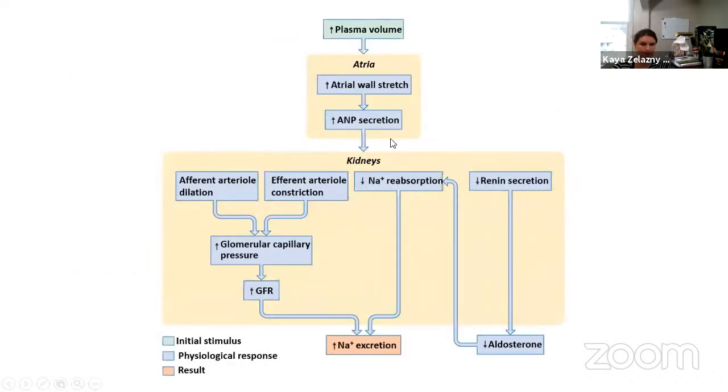So if you're interested, look at all of these, but what we're just going to highlight for our purposes for today is that we have atrial wall stretch releasing ANP, ultimately increasing sodium excretion and decreasing aldosterone. Okay. So this is just the opposite. ANP is the opposite of aldosterone, basically.